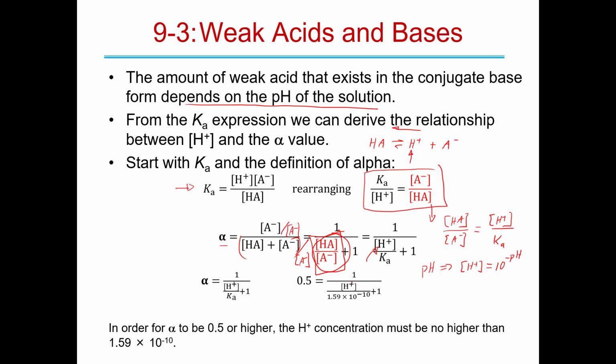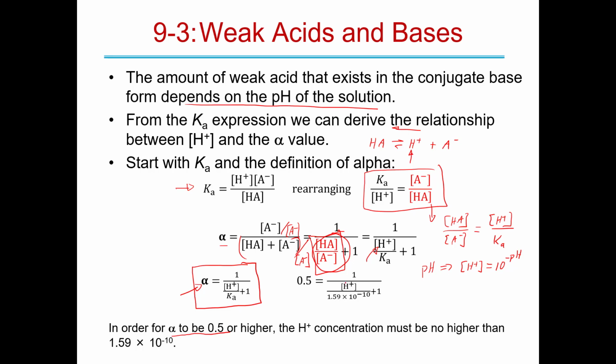So let's start with this equation and imagine what conditions we would have to have present to have 50% dissociation. 50% dissociation would be for alpha to be 0.5. So in order for alpha to be 0.5 or higher, the H+ concentration has to be the same as the Ka value.